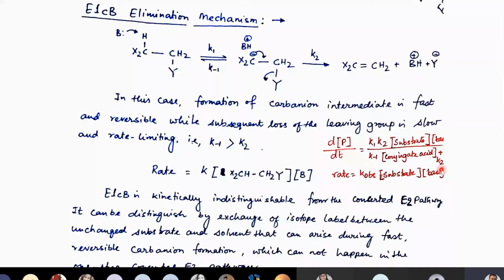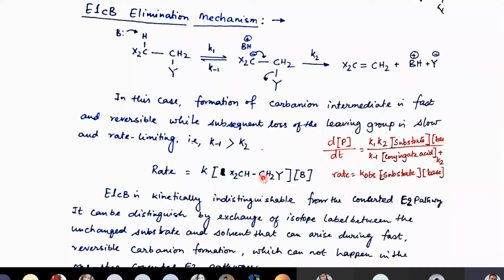Now, applying the steady state principle, you would assume that whatever comes here, these two rates are fixed, so the concentration of this intermediate is also in a steady state in a two-step reaction. If it is steady state, this concentration will remain fixed, so this also becomes a constant. Then all of them are basically constants, and you can include them into K1 and K2. So this K becomes K observed times substrate and base. That is what appears in the rate equation.